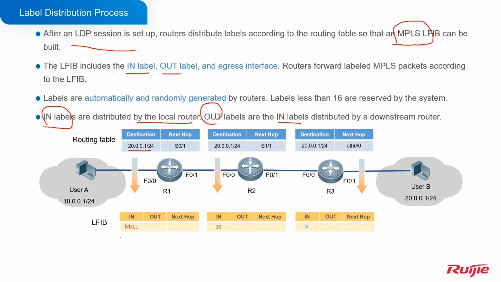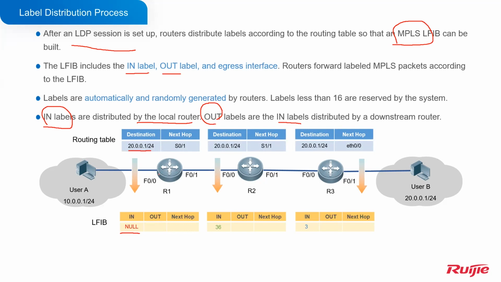Something special: this is the ingress router for the destination 20.0.0.0. That means when I receive a message to the destination 20.0.0.1, this message will be an IP packet, not MPLS.